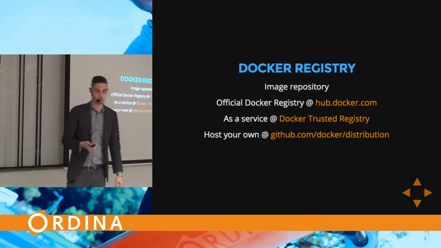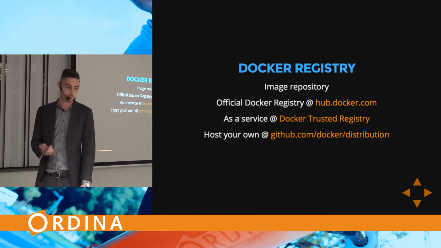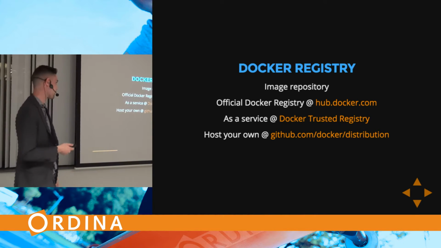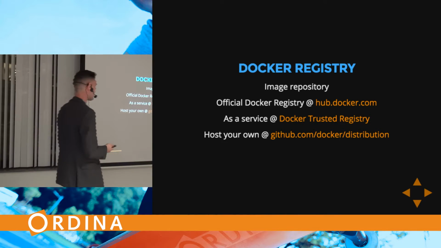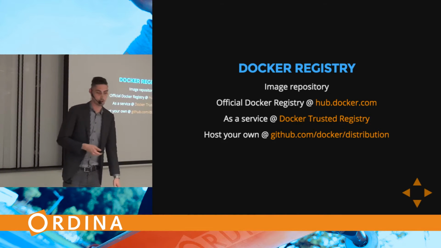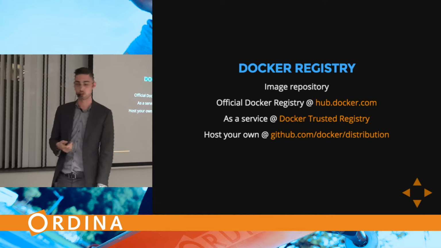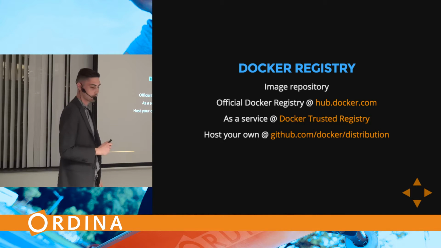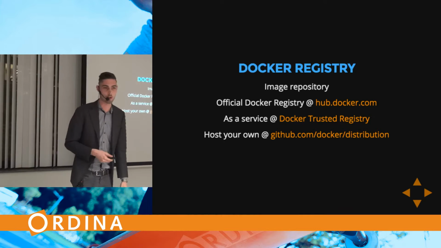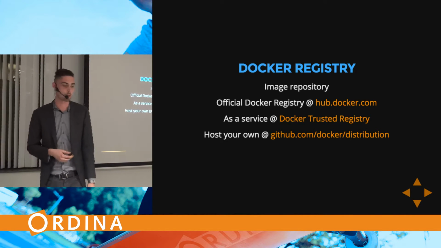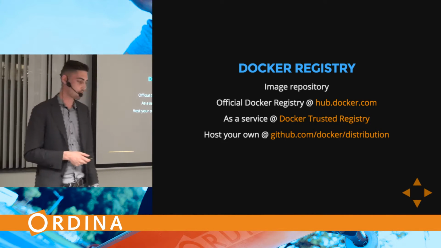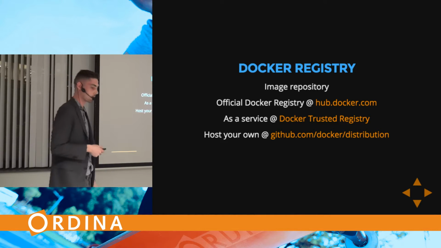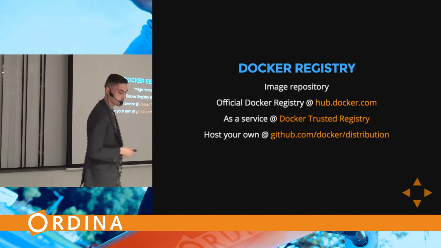Then you have your registry, which is the image repository, and there's multiple versions of it. So you have the official registry available at hub.docker.com. Anybody can create an account in there and publish public images. You can also go to the guys of Docker and say, hey, I want my own registry.